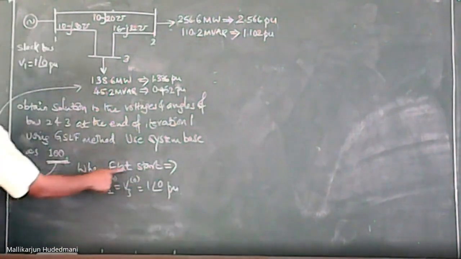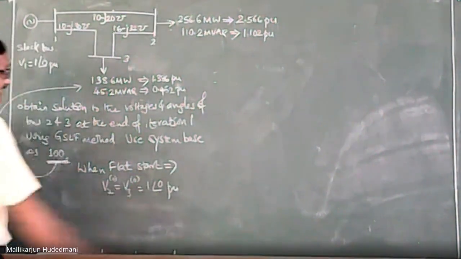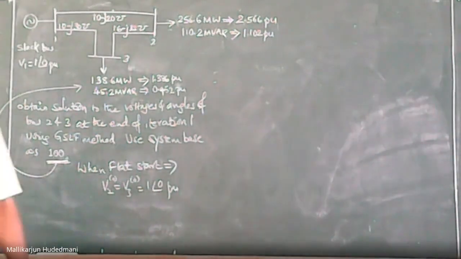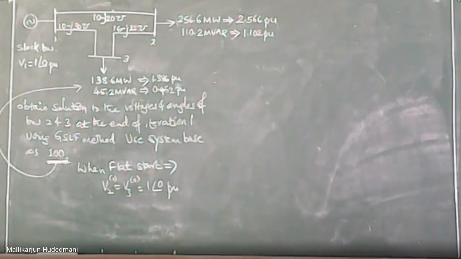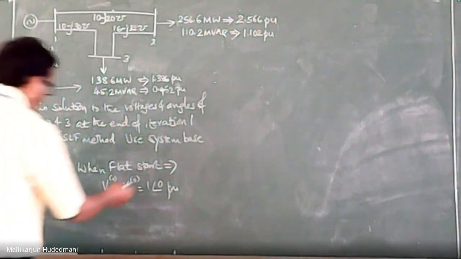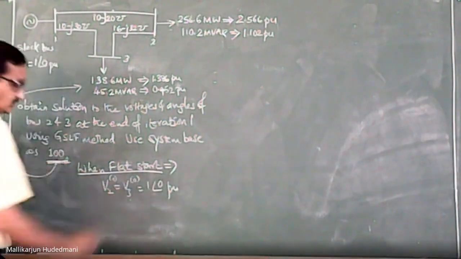It means when I use a flat start, these are the initial estimates for me. V2 is 1, V3 is 1, delta 2 is 0, delta 3 is also 0. I don't know whether these will stand good once I complete my iteration, or whether they will change, which messes me up only at the end of the iteration. Therefore, when I use a flat start, I must use this.